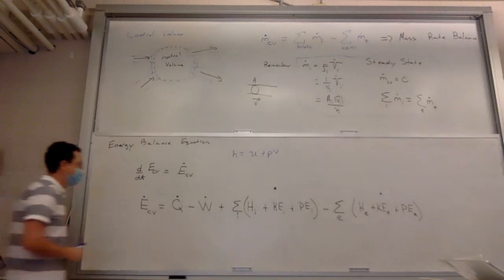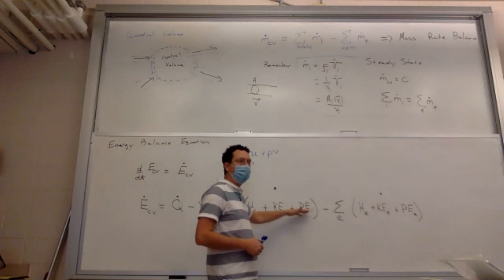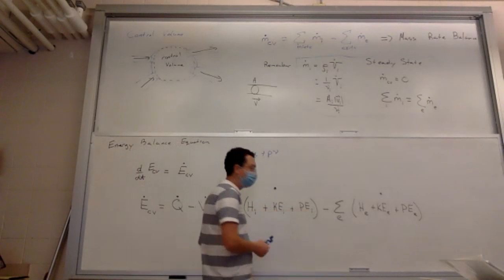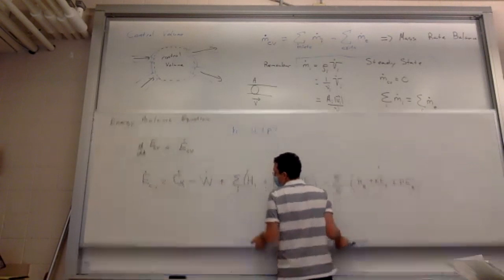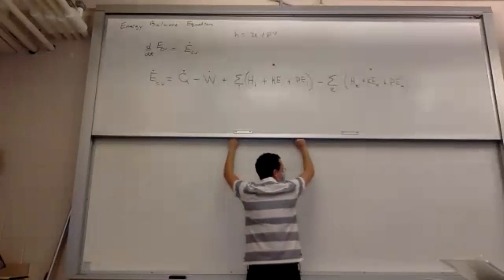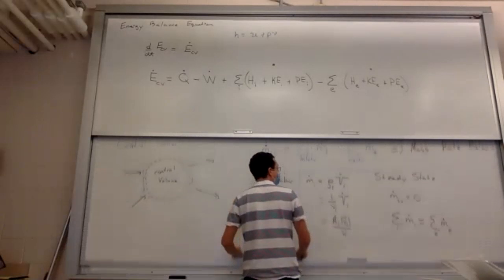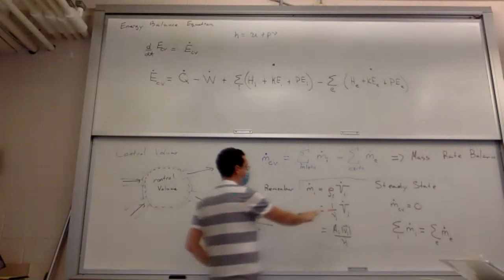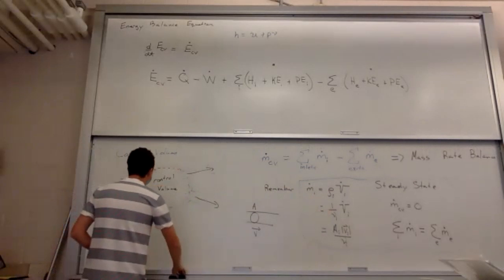Basically, I don't want to write capital H, capital K. I want to go to intensive quantities, so I want to use those instead of these. Make sure everybody has this. This is going to be a key equation block that we use.